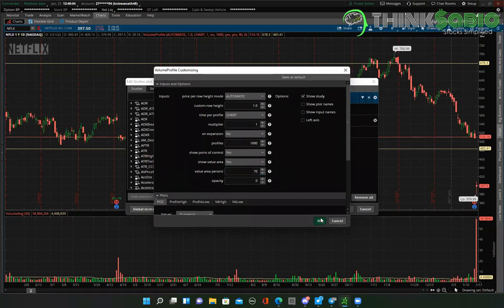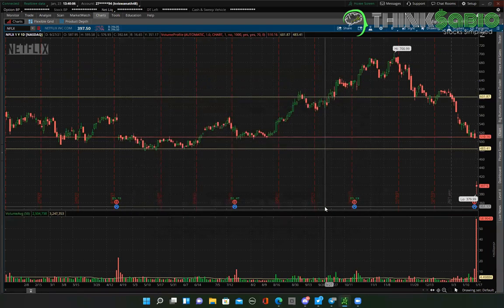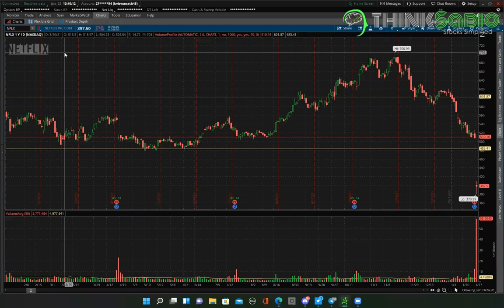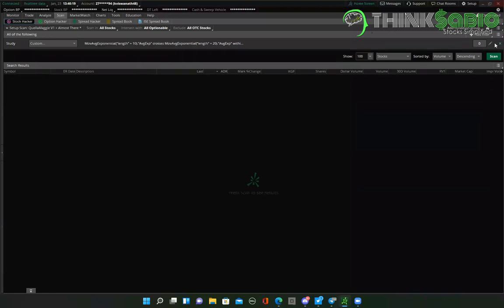I like it at 70, so I usually keep it to the default 70%. So this, in a nutshell, is how we can use the volume profile indicator. And I will show you some scans on how to scan for a stock that is actually going above or below the volume profile.